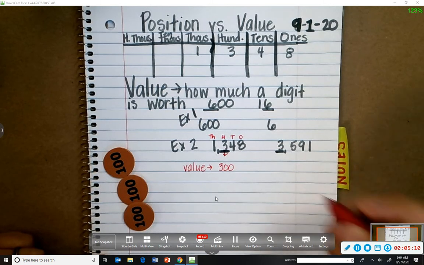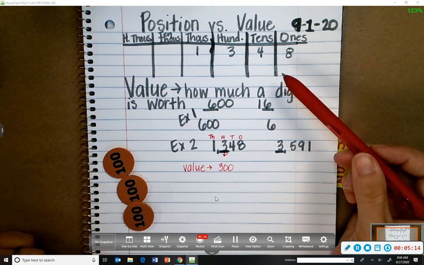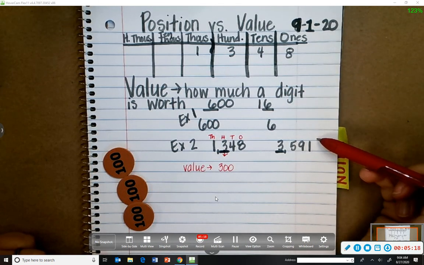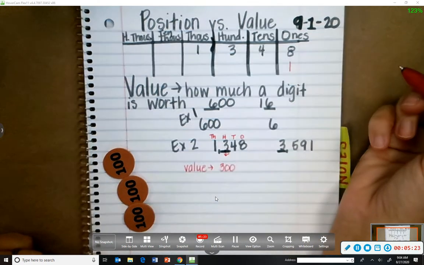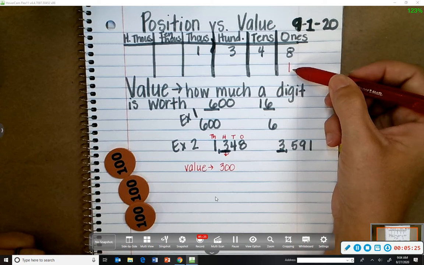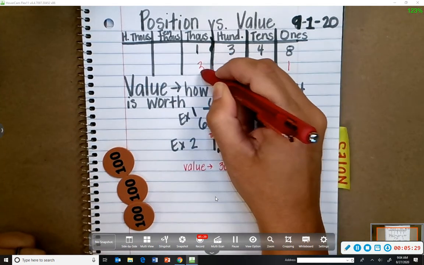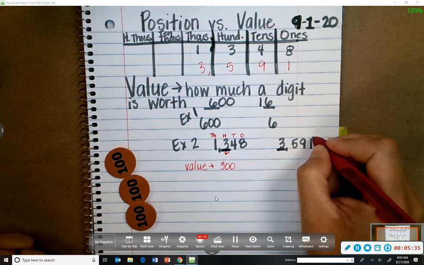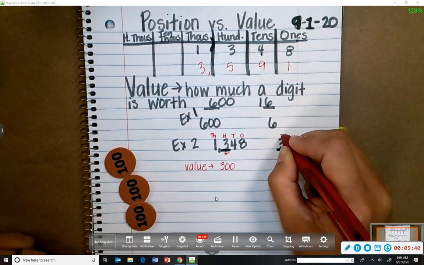Okay? Now let's look at this one. Again, you can write the number in your place value chart, or we can label each digit. Okay, so let's do both, and you can decide which strategy works best for you. I have 1, 9, 5, 3. So 3,591. Okay, now let's label. This is the ones, tens, hundreds, thousands.